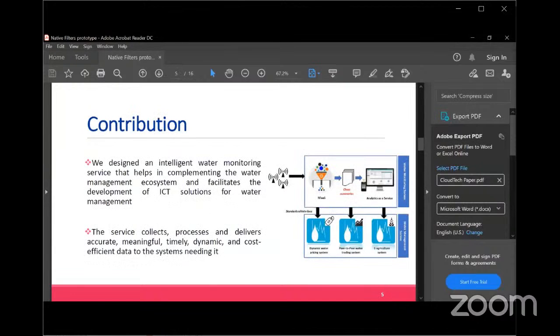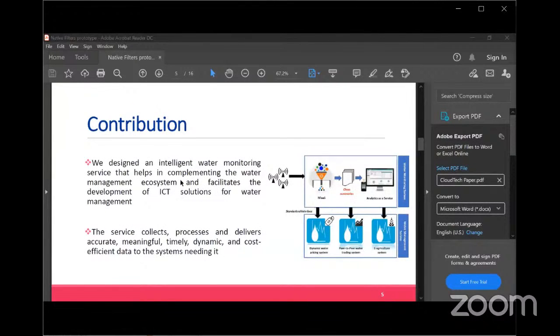Thus, in this paper, we are interested in designing an intelligent water monitoring service that helps in complementing the water management ecosystem and facilitates the development of ICT solutions for water management. The designed service collects, processes, and delivers accurate, timely, dynamic and cost-efficient data through standardized interfaces to the systems needing it.